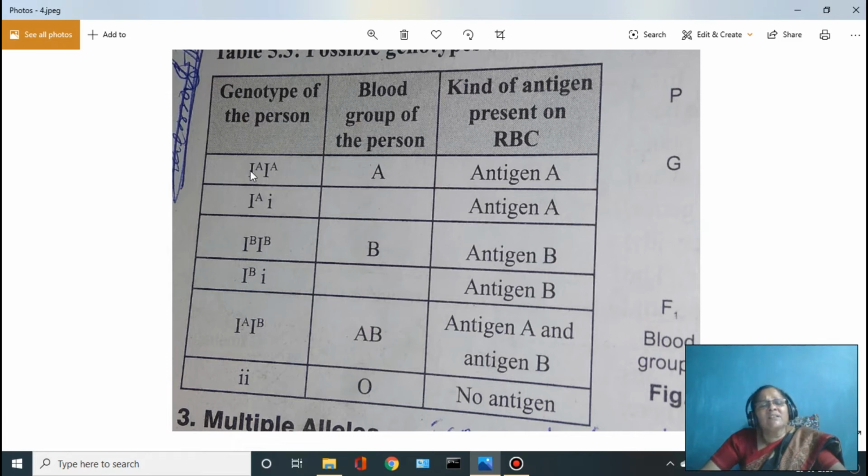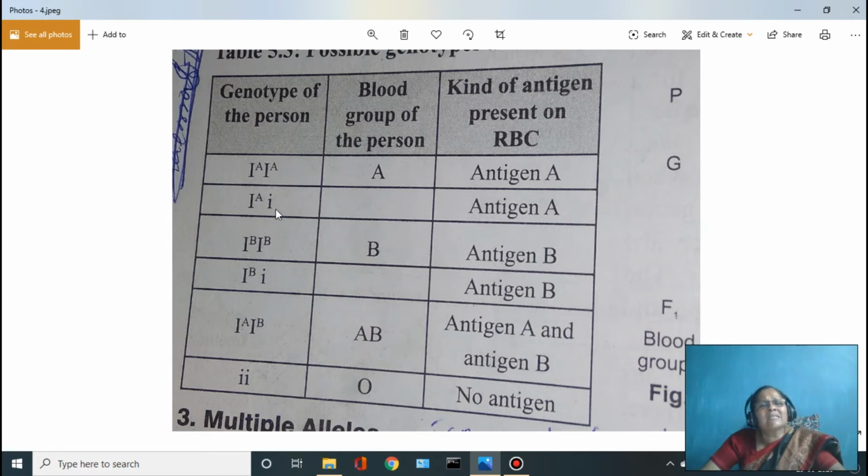Here, the isoagglutinin I gene is present in chromosome number 9. It has two alleles, allele A and allele B. Due to mutation of this wild allele, a third allele is also formed, that is i.